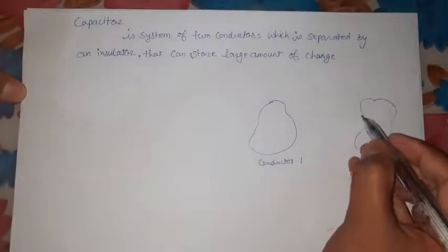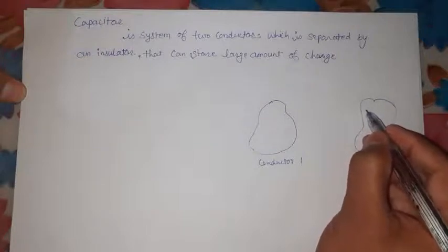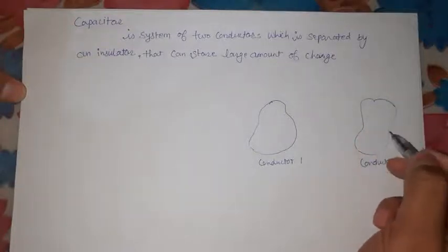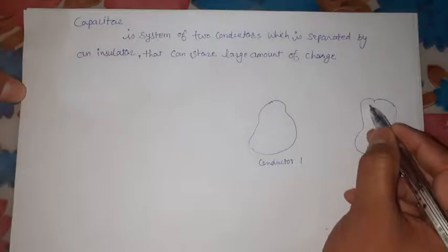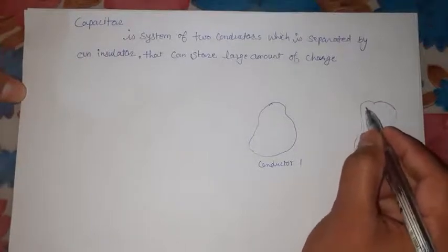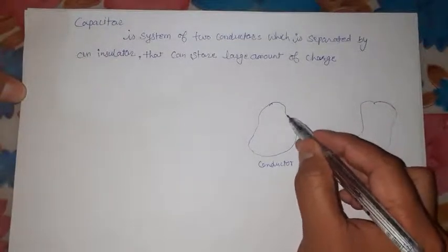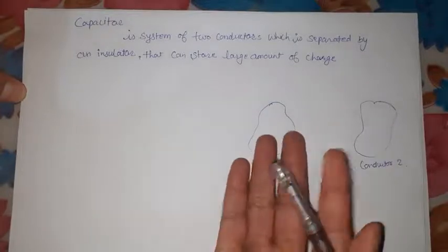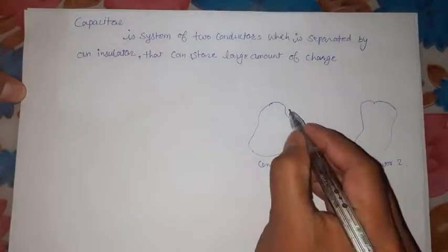Okay, so if I remove positive charge from conductor number 2, and give it to conductor 1, which charge will start to increase on conductor 1? It is positive charge.